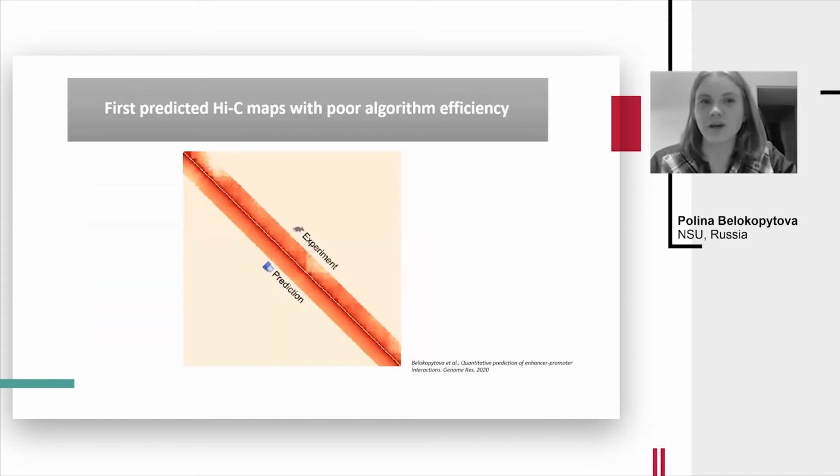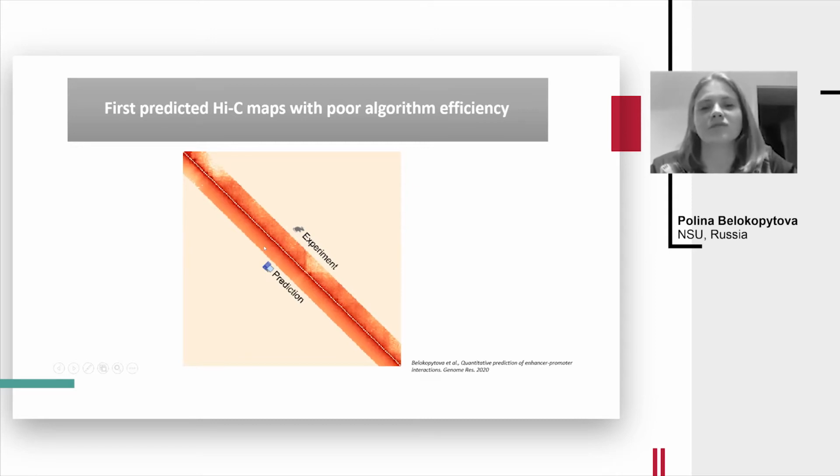Firstly, we got a predicted Hi-C map like here on this picture, and as you can see, this Hi-C map was predicted with low efficiency. Actually, we just predicted the decay law of contact probabilities with distance.